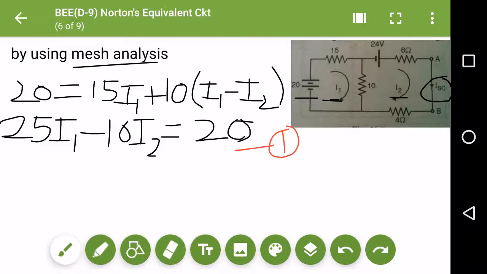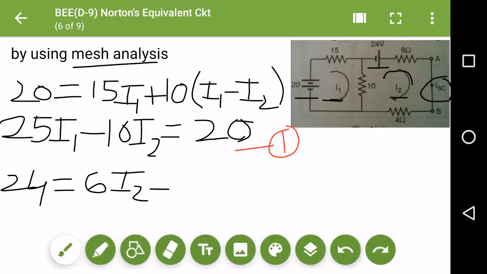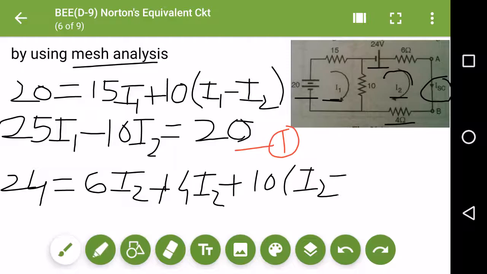To find the second equation, I will apply mesh analysis on the second loop, that is this loop. I will start from my voltage source, that is 24. So 24 equals 6 I2 plus 4, that is this 4 I2, plus 10 times I2 minus I1.